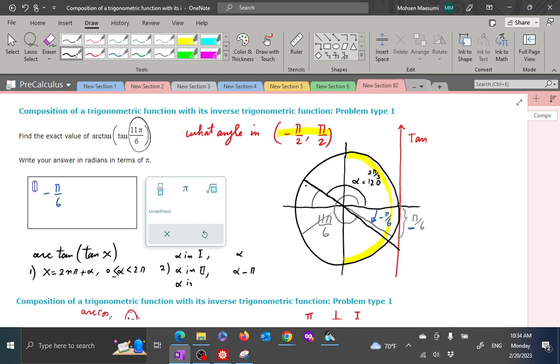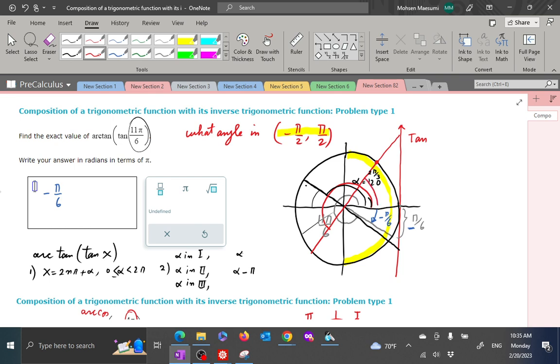If alpha happens to be in quadrant 3, so if I'm coming all the way up to some location in the third quadrant, that's the red angle I'm looking at now. What's the angle in this yellow range that has the same tangent? Well, I say, okay, continue this thing into the first quadrant. This angle is what you're looking for, and they both share the same tangent.